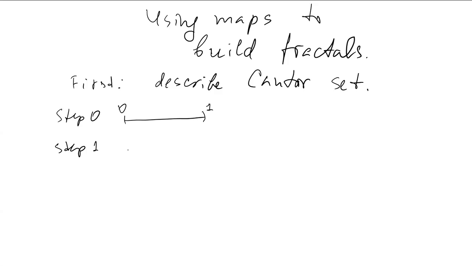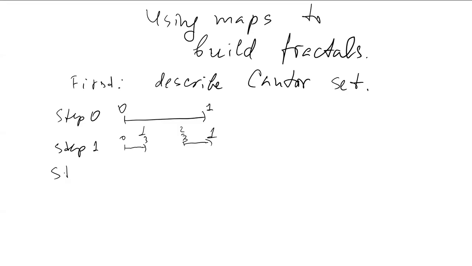At step 1, we divide this segment into 3 pieces, and we remove the middle third, and we will have 2 segments with one side open. This will be from 0 to 1/3, and this from 2/3 to 1.